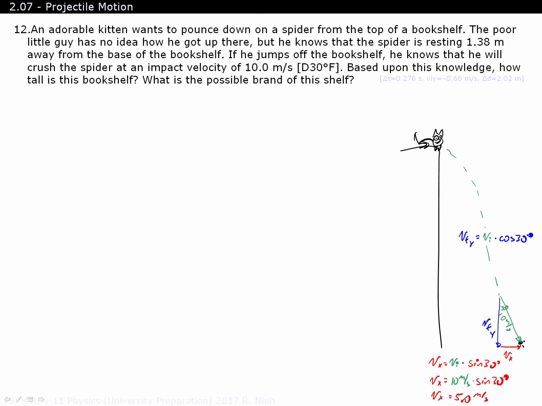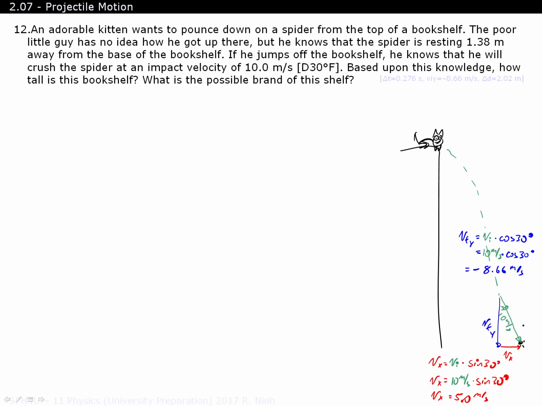I know it's tempting to reverse them around because you're used to seeing it the other way, but it's always relative to the angle that's measured, not relative to some arbitrary triangle. Okay, so 10 meters per second times the cosine of 30, and since the cosine of 30 is 0.866, if we multiply that by 10, we get 8.66 meters per second. Keeping in mind that because it's pouncing downwards, this would be in a downwards direction of negative 8.66 meters per second.